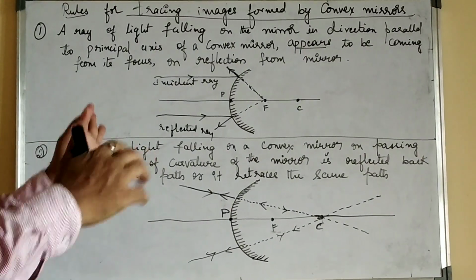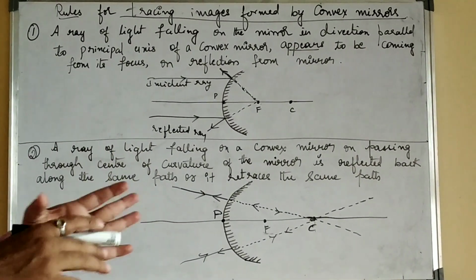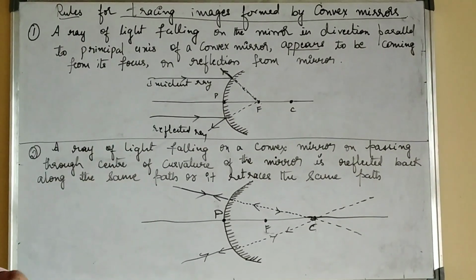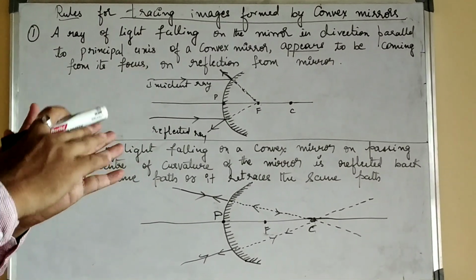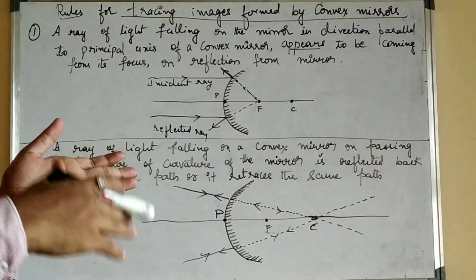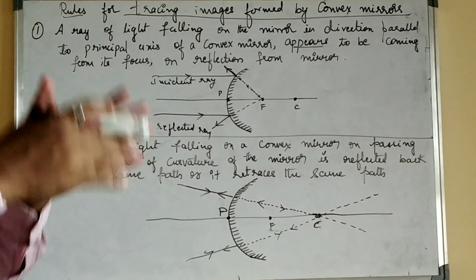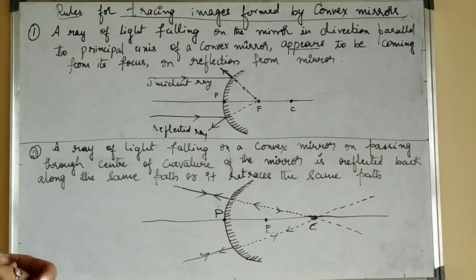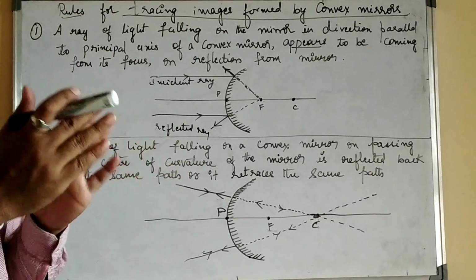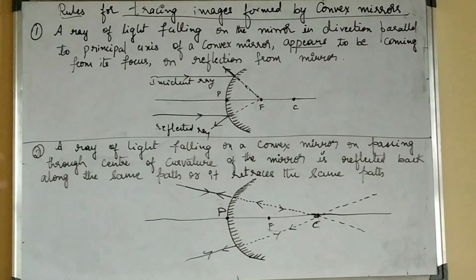Why? Because in a convex mirror, you are getting the image to be virtual. Virtual means behind the mirror. So whatever lines you are drawing behind the mirror, and even the object also, make sure that you draw them as dotted lines, so that it will clearly make a difference between the object and the image.